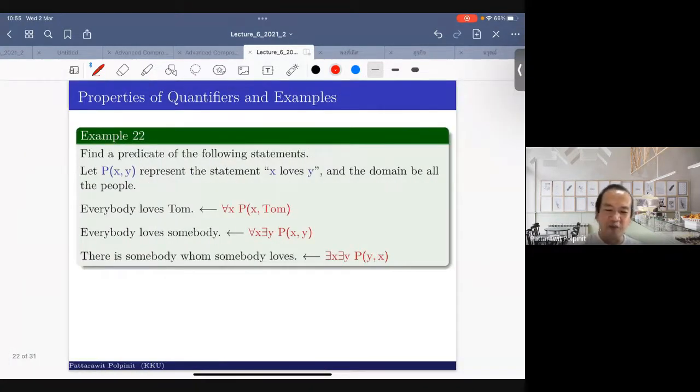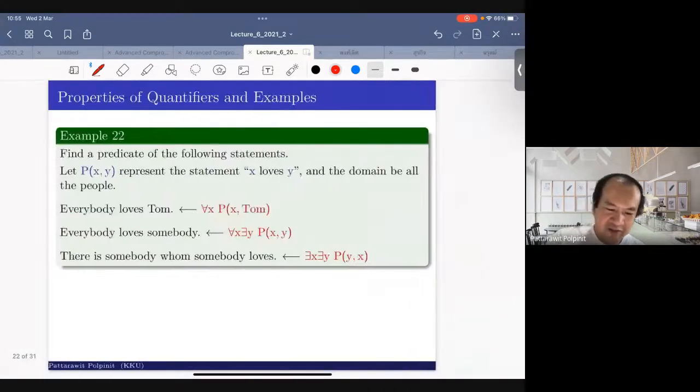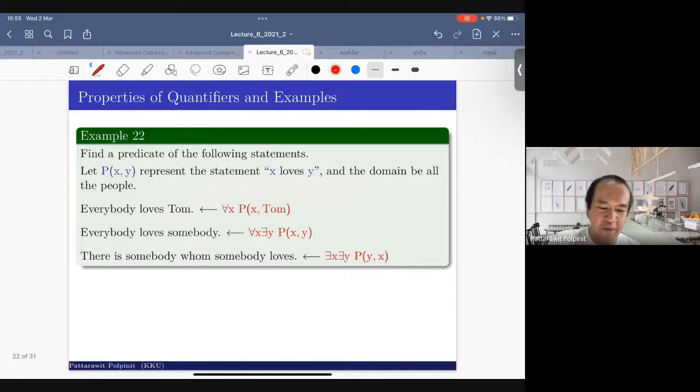All right. For example, let's translate the following sentences into quantifier statements. Let's say you have the symbol p of x y, meaning x loves y. The first sentence is: everybody loves Tom.